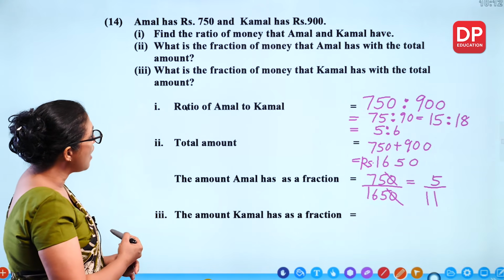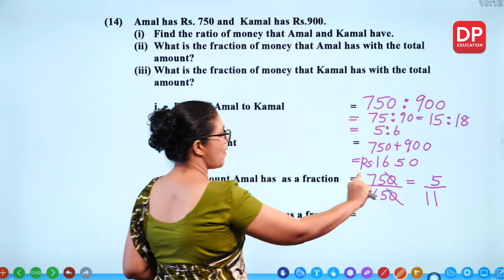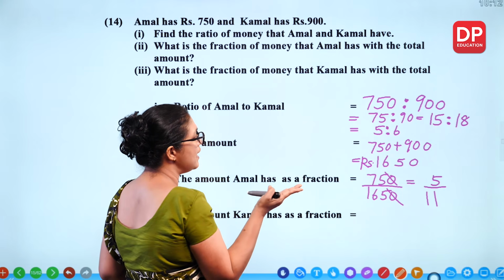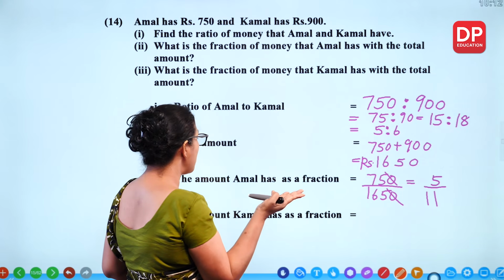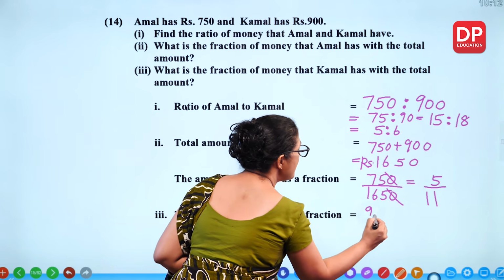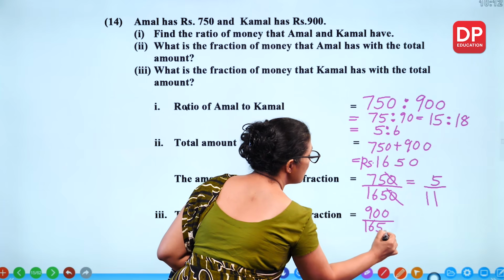The amount Kamal has as a fraction, you can either use fraction subtraction, 11 minus 5, that's 6 over 11. Or what's the other way you can do? You can use the amount 900 over 1,650.